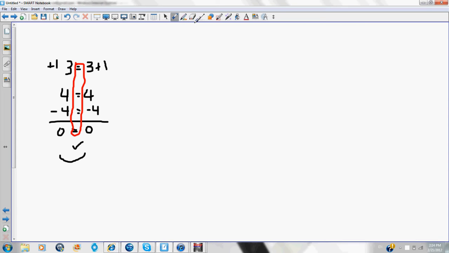Alright, an example now. Let me get back to the black. Okay, let's start out with x minus 4 is equal to negative 1. Now currently what we're doing, let's look at this.